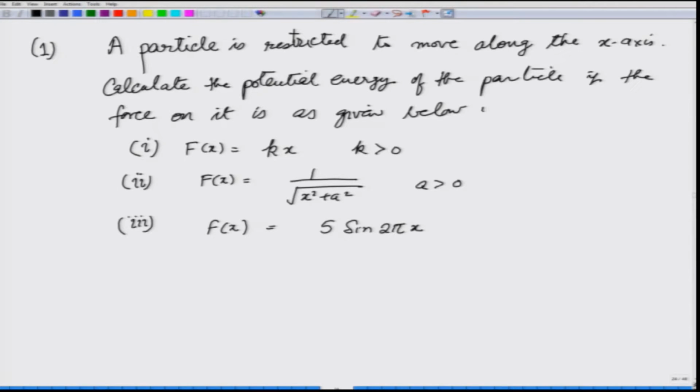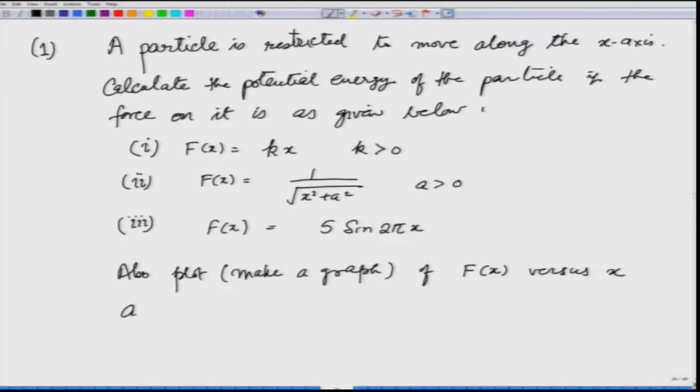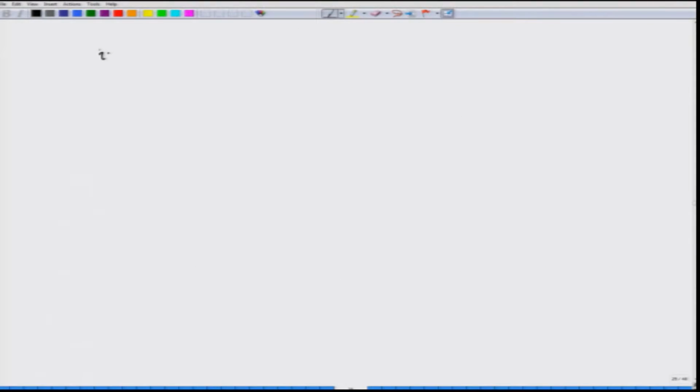And then also plot or make a graph of Fx versus x and Ux, where Ux is the potential energy versus x.